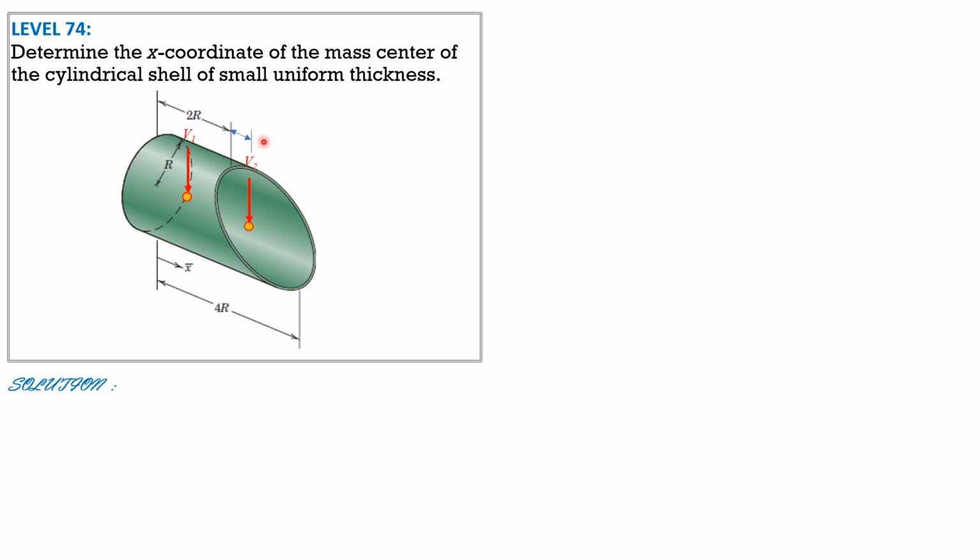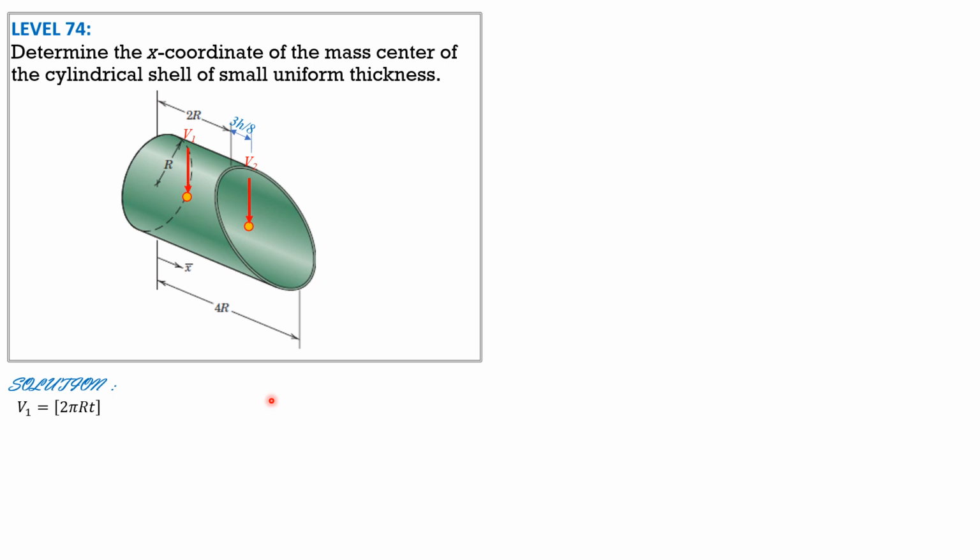Remember that from the result earlier, it is 3 over 8 of h, where h is the height of this truncated prism, which is 4r minus 2r, or 2r. And that's the distance from the circular base. So with respect to the end, that's 2r plus 3h over 8.